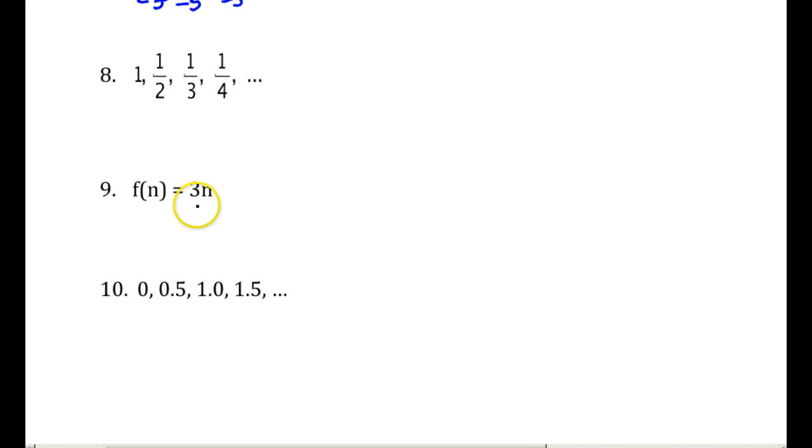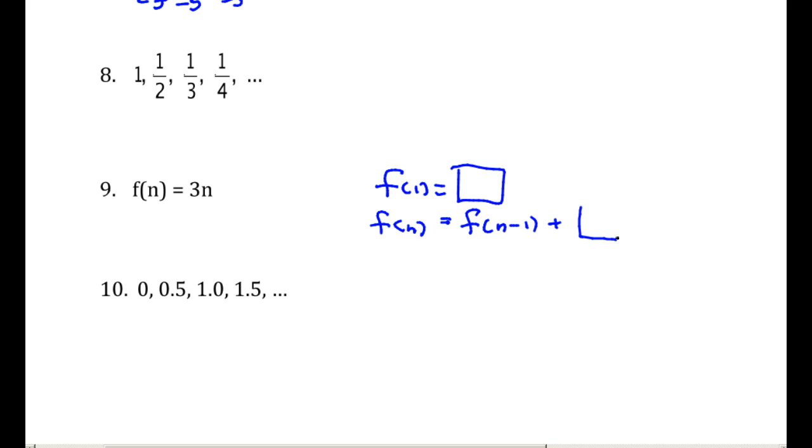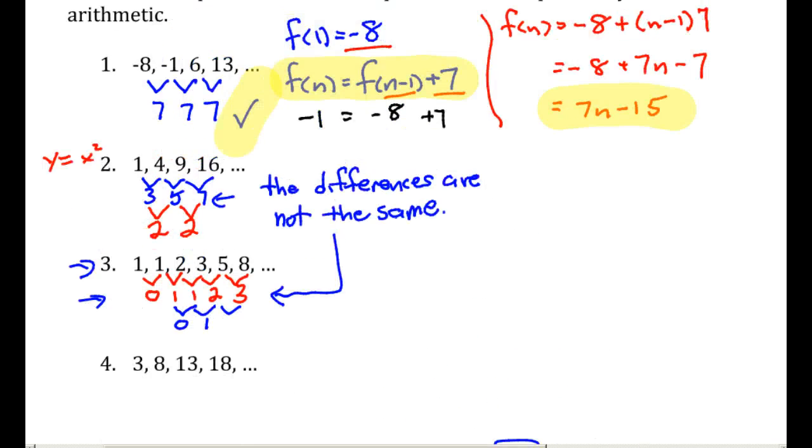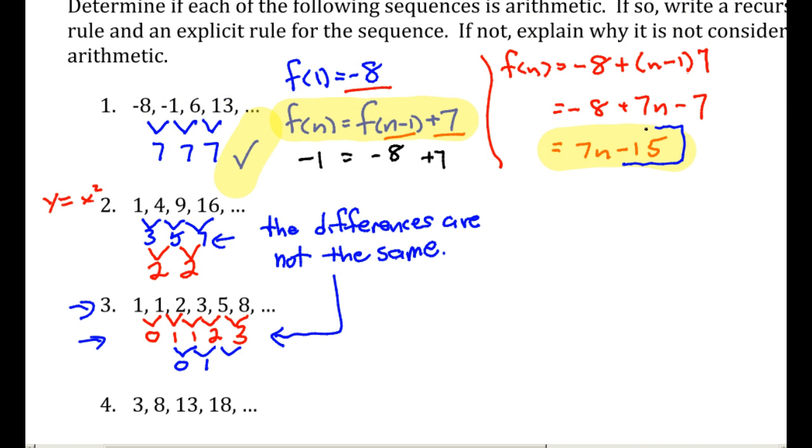Number 9. Here's the explicit, fully simplified. Write the recursive. So again, what's the starting point? What's the difference? Now, usually, if you look at all the other explicits, there's always been a number on there, like here is -15.